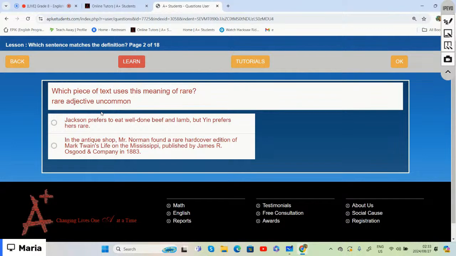Is it option one, Jackson prefers to eat well done beef and lamb, but Yin prefers hers rare?